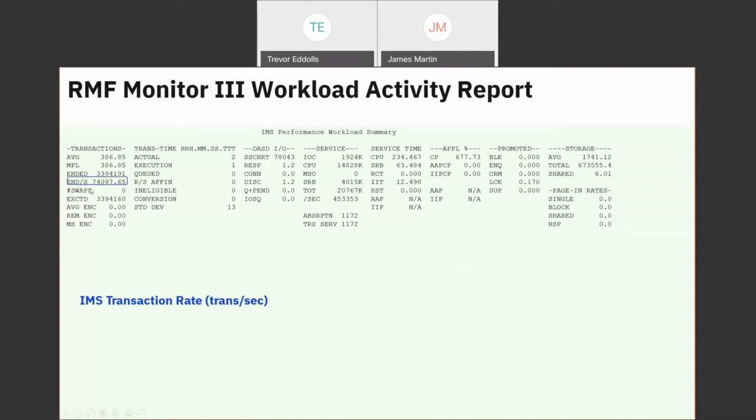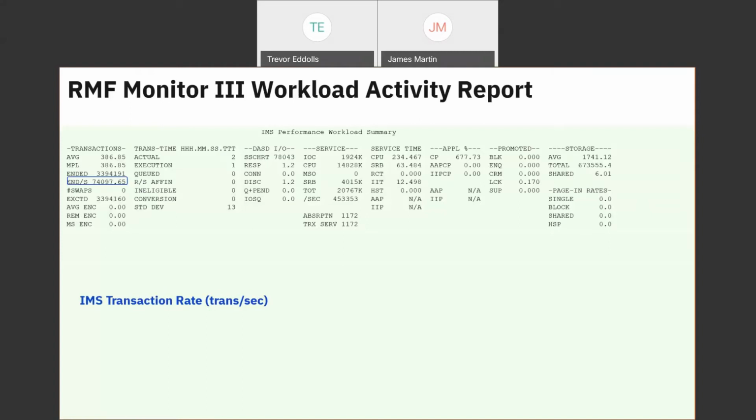And the transaction rate per second is right here. Again, if we were to see a very high number here, and this is not a small number that we're identifying here, we would want to understand why we're seeing delays in those transaction rates.